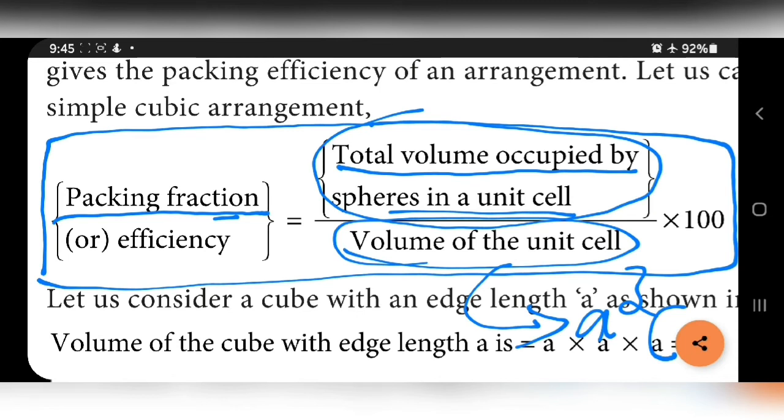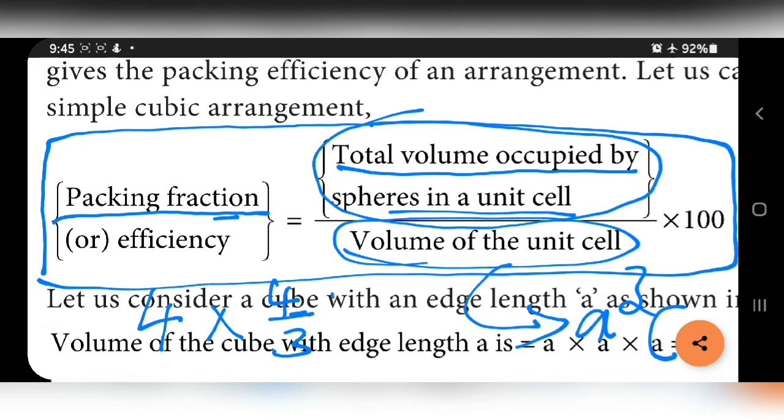By using this formula, we can calculate packing efficiency. In this topic, we are going to calculate the packing efficiency of the FCC unit cell. For the FCC unit cell, the volume is the same, that is a cube. The number of atoms present in the unit cell is 4 into the volume of one sphere, that is 4 by 3 pi r cube.